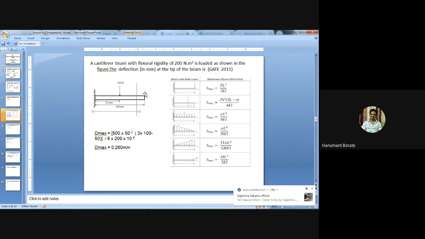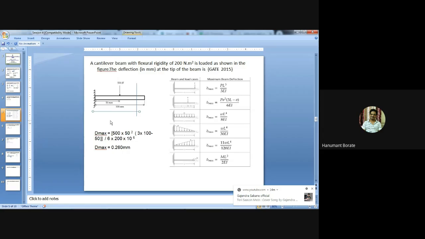We need to take a section at a distance x. Then we need to write down the bending moment. So here the bending moment equation will be A_y x minus M_A x raised to 0 plus 500 into x minus 50, okay. Then we need to integrate the equation. After first integration, we will get the equation for the slope.